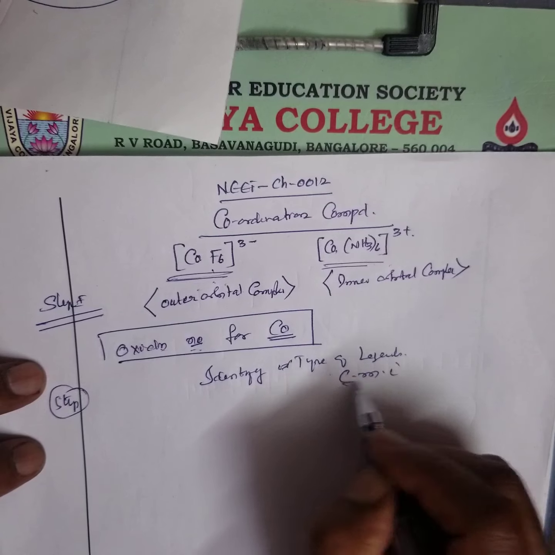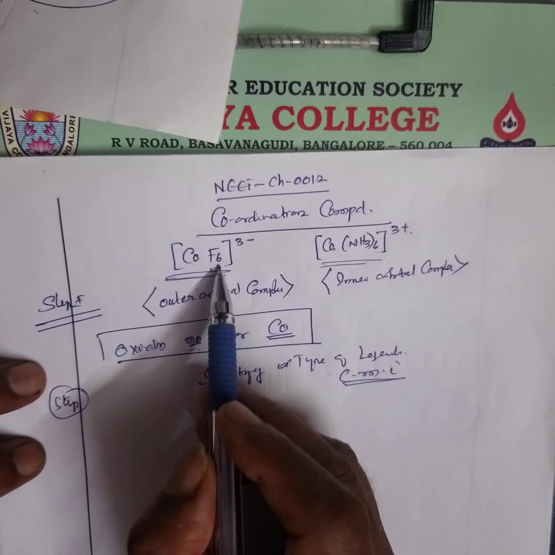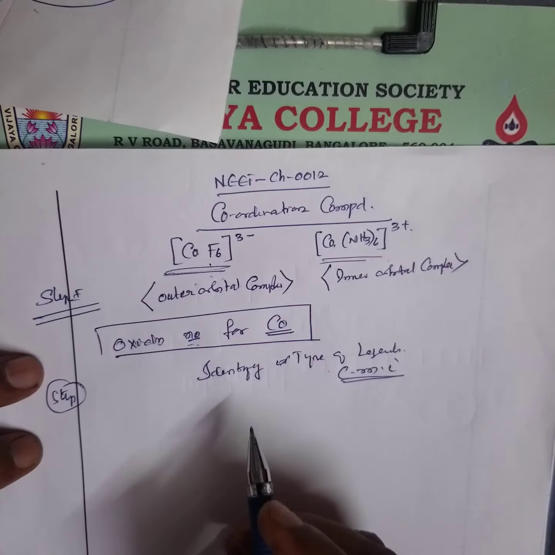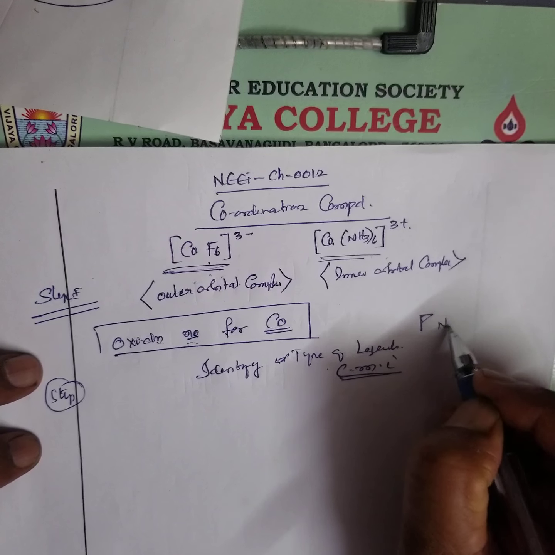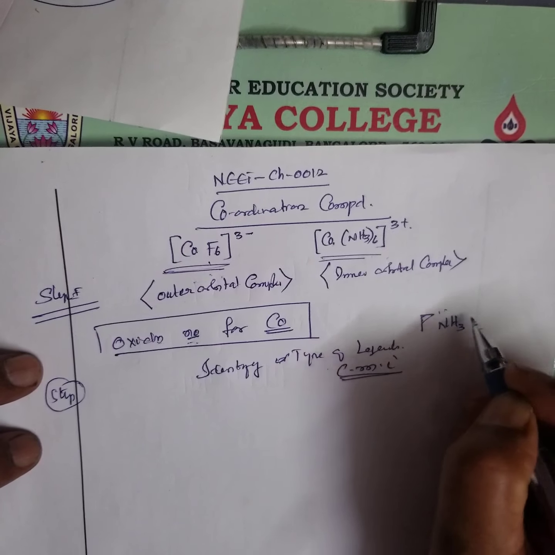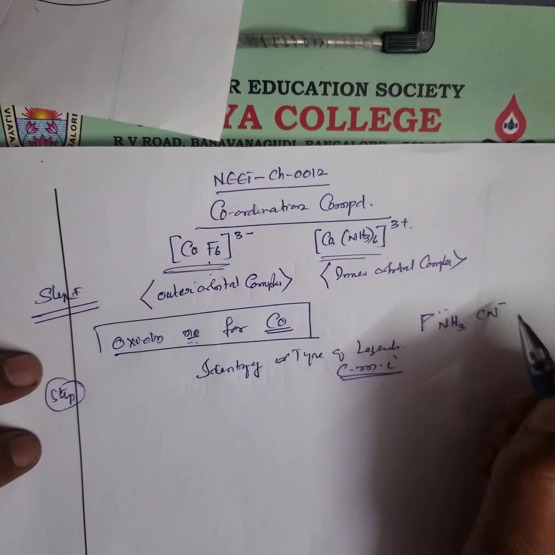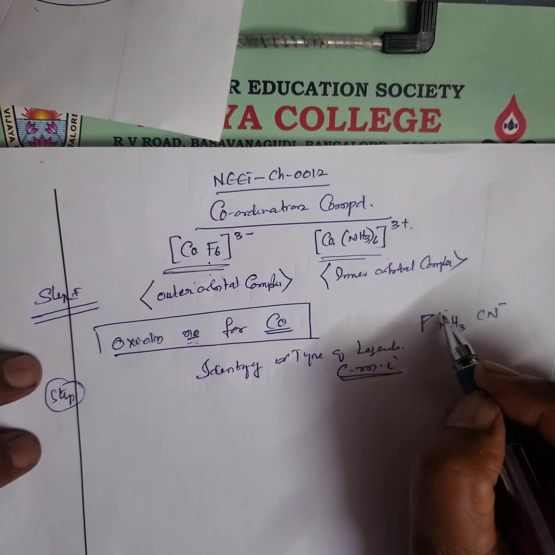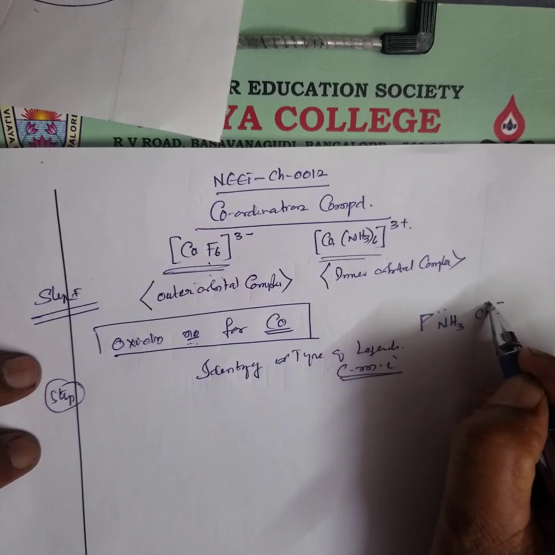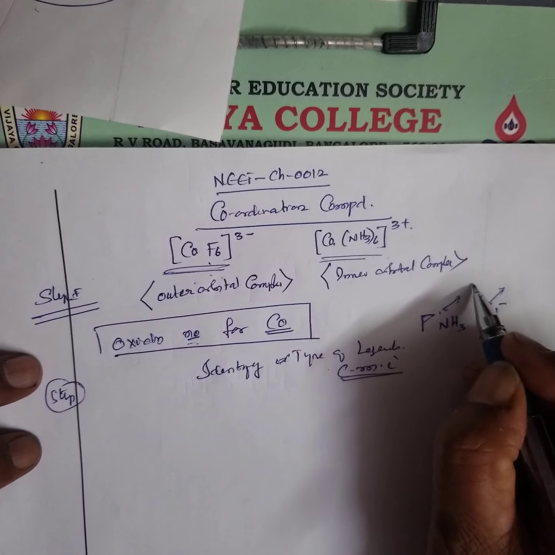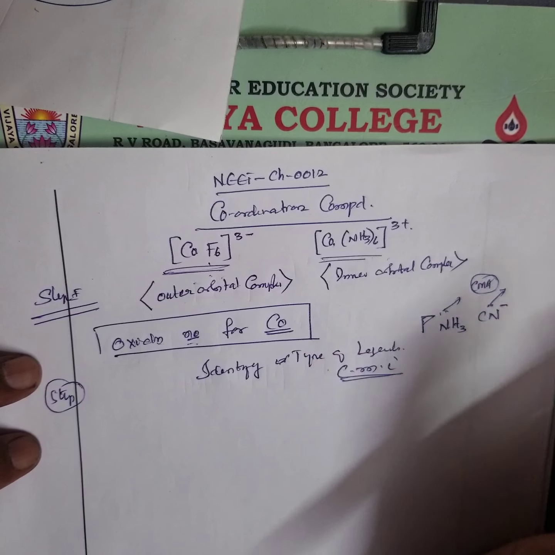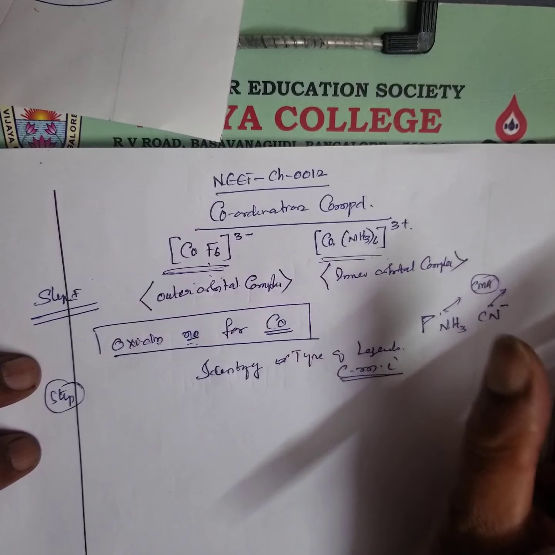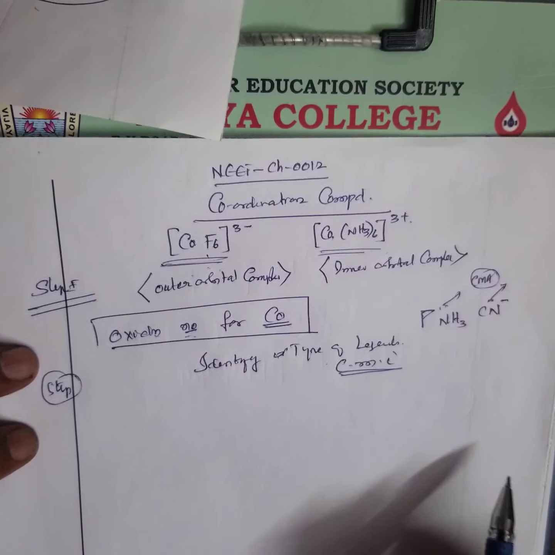What are ligands? A ligand may be a neutral molecule or an anion which donates a pair of electrons to the central metal atom to form a coordination bond, or to form a coordination complex. This is a coordination complex, is it not?